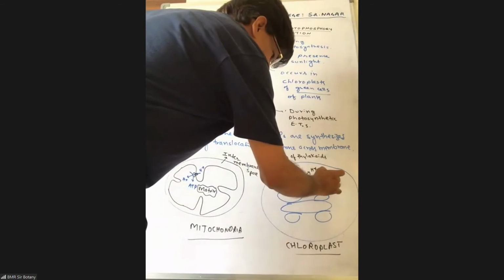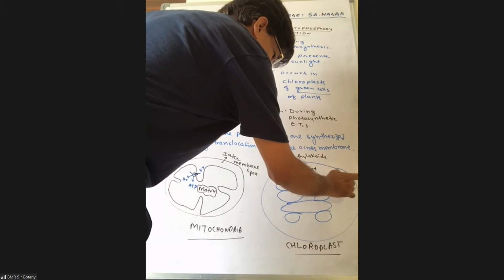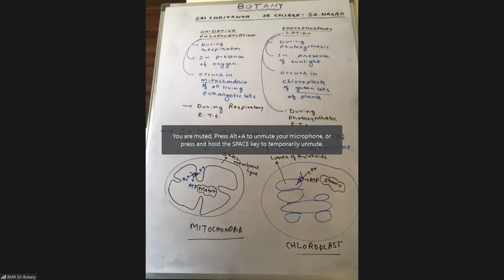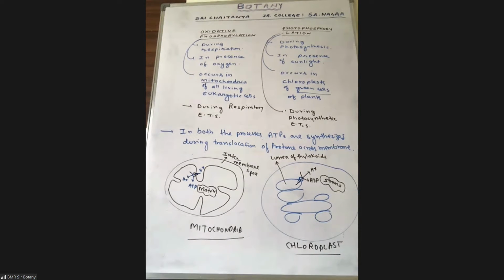ATPs here are formed on stroma side. In the stroma, those ATPs will be used in dark phase for reducing carbon dioxide into carbohydrate. So in both of them, protons reservoir is there. In one it is intermembrane space, in another it is lumen of thylakoids. And ATP's reservoir in a mitochondrion is mitochondrial matrix.